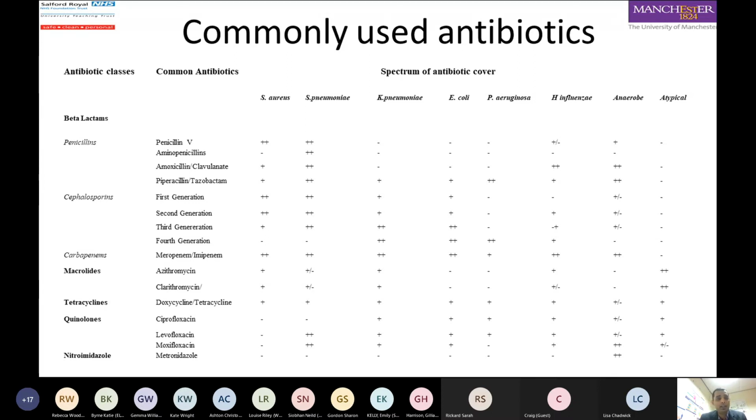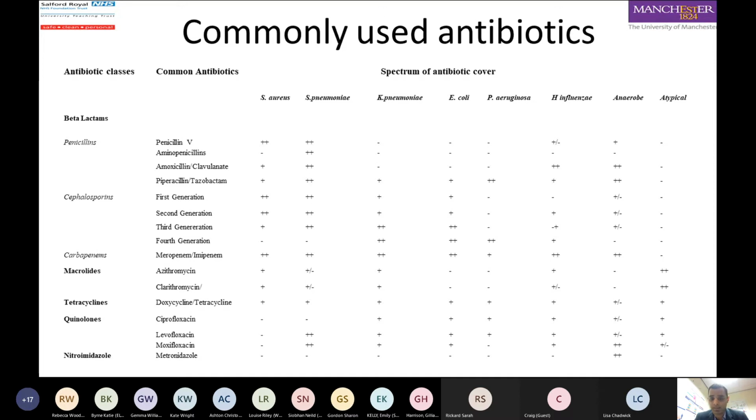As you go down the beta-lactam group, extended spectrum antibiotics like co-amoxiclav and the piperacillin-tazobactam combination have even gram-negative and anaerobic cover. Similarly, the cephalosporins, as you go down the generations, seem to have a broader spectrum of antibiotic cover. The macrolides predominantly have atypical cover as well as gram-positive cover.